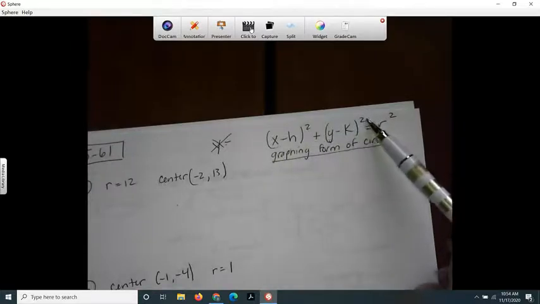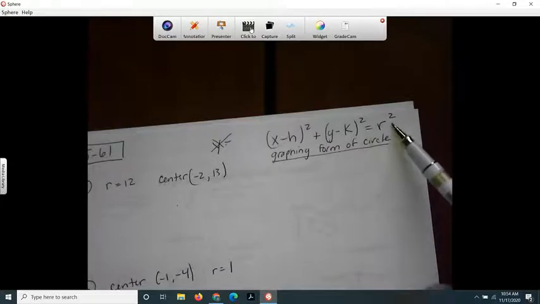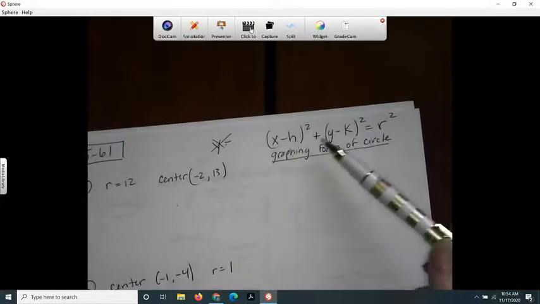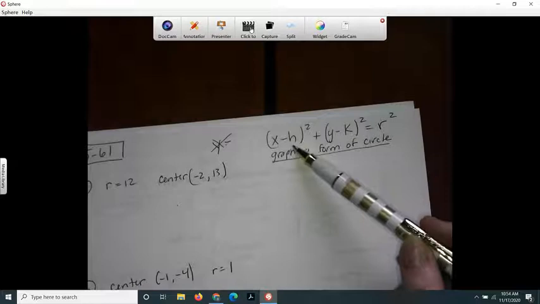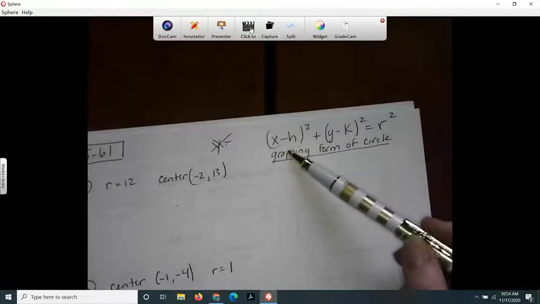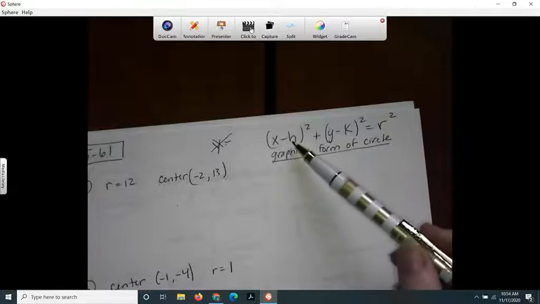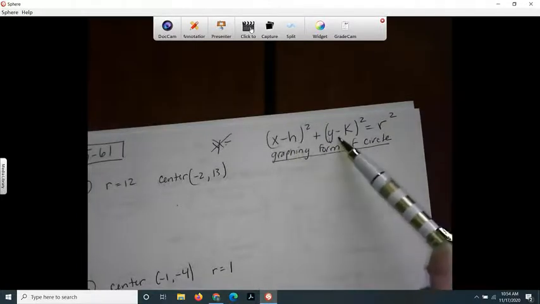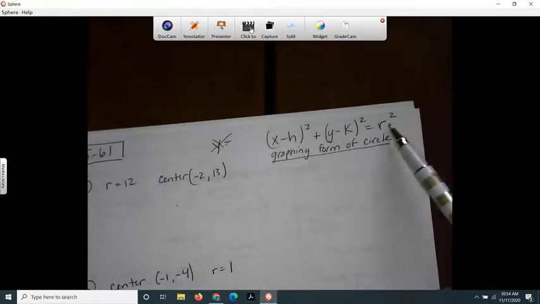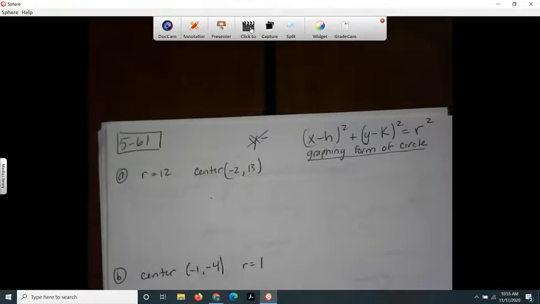And if you remember, h gives you a horizontal transformation and k gives you a vertical transformation. So h and k are going to actually be the center of the circle, and the radius is going to be the radius of the circle. So we can just plug these numbers in.